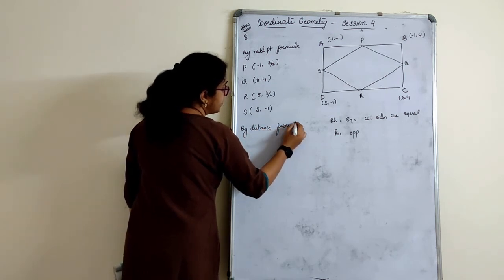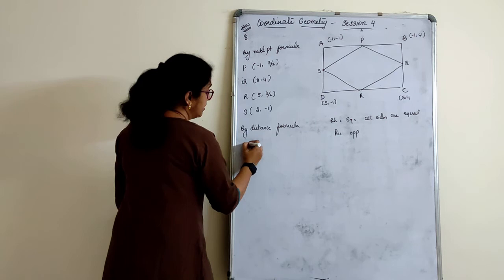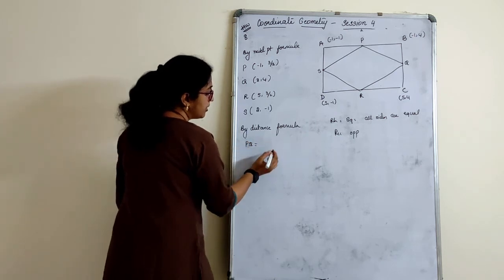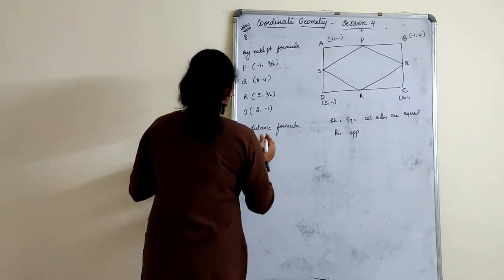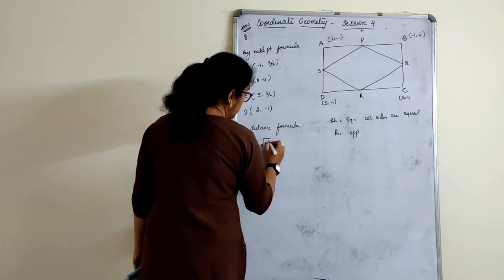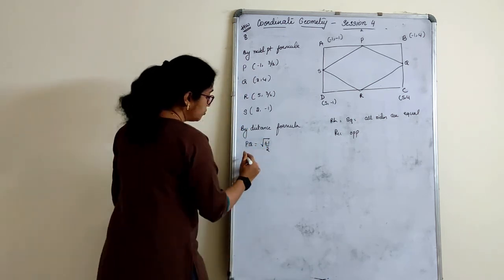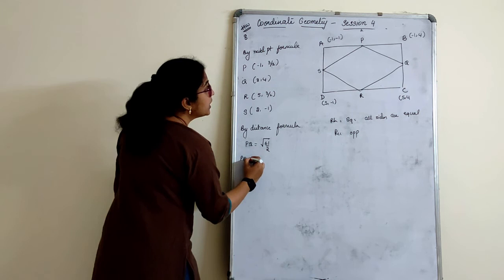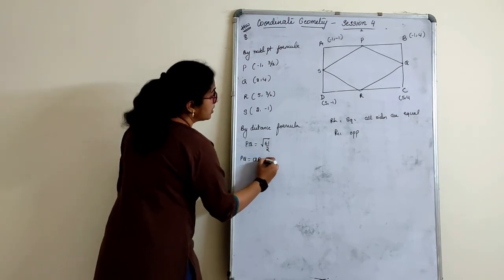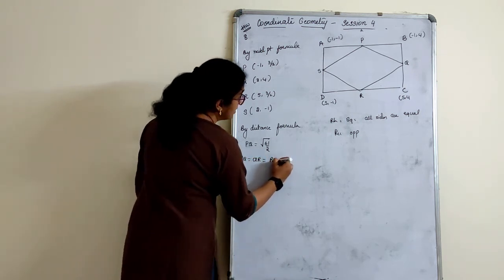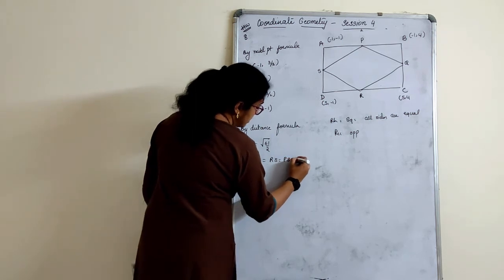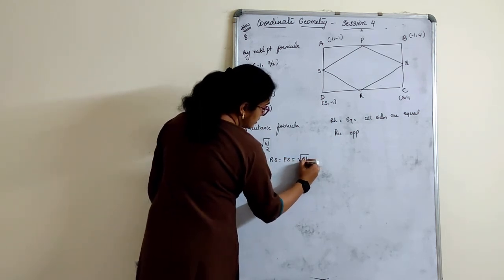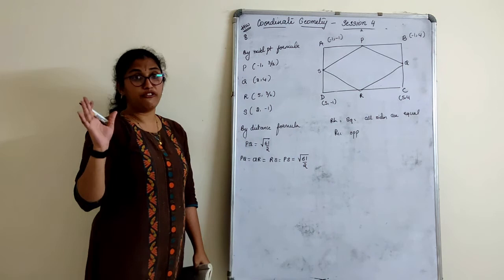You need to write wherever what formula you are applying. First find PQ. You will get the answer for PQ as √61/2. And you will see that PQ is equal to QR is equal to RS is equal to PS, that is equal to √61/2.